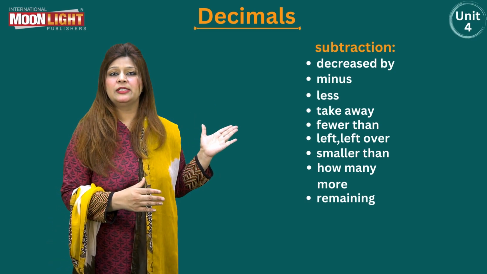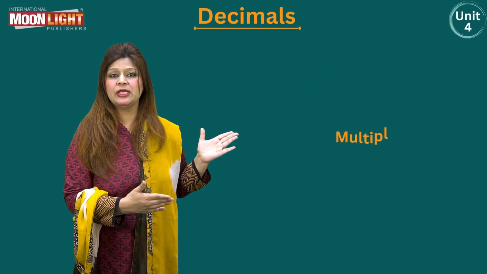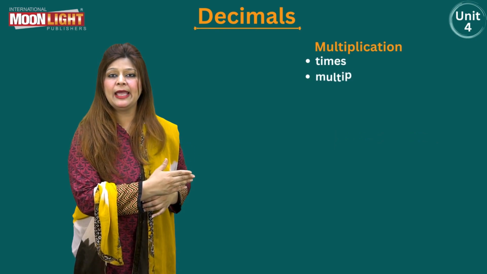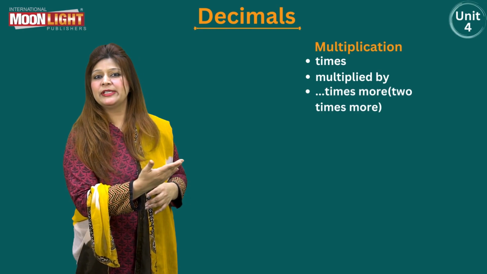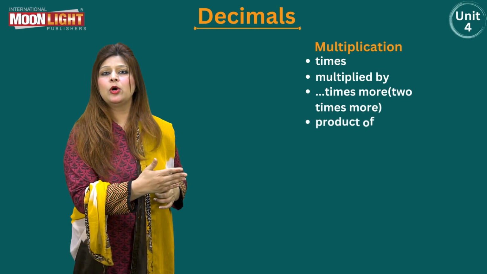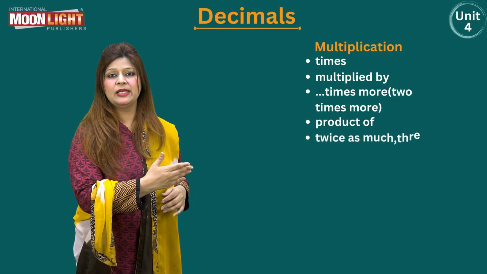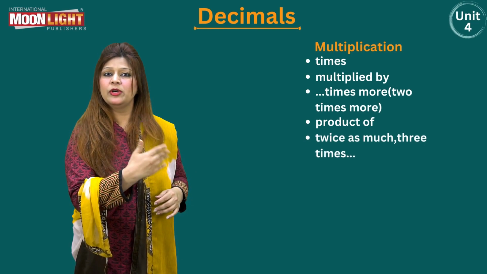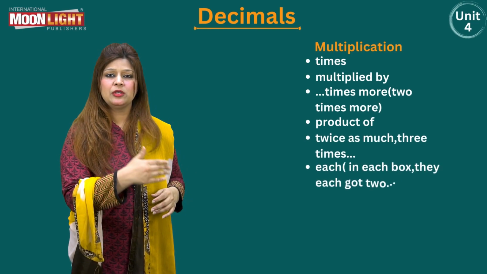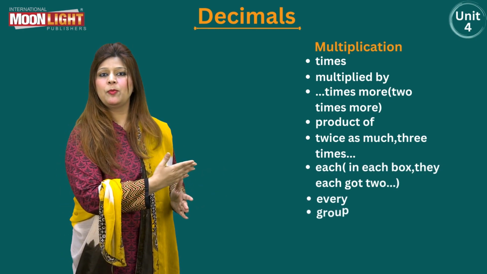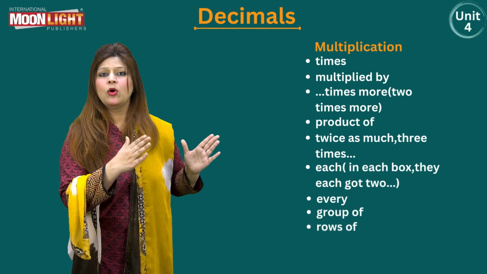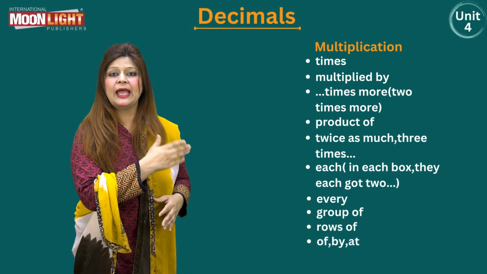The keywords for multiplication are times, multiply, times more, for example 2 times more, 3 times more, product of, twice as much, 3 times, 4 times, each, in each, every, group of, row of, by, at.